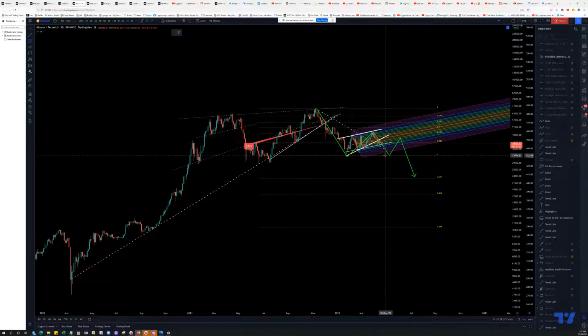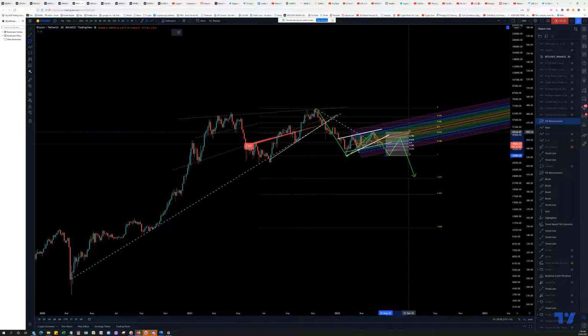If that was the case, we'll do a fib, and the 618 is probably where we're going to get the rejection. And if that's the case, then we are going to drop down, and if we break this line, that's pretty much it.